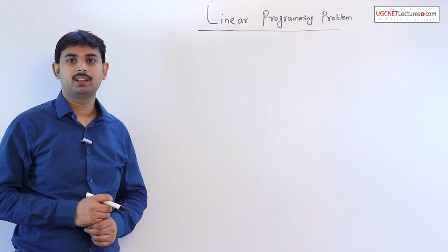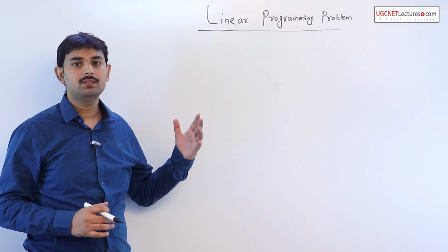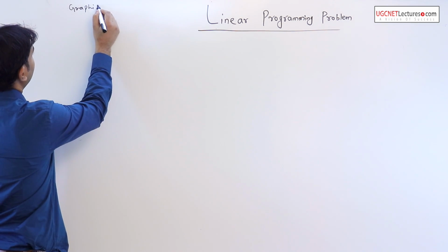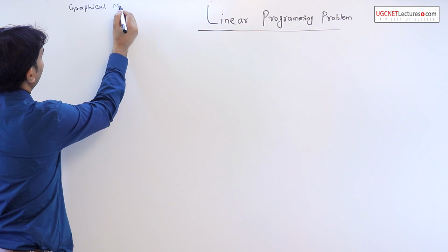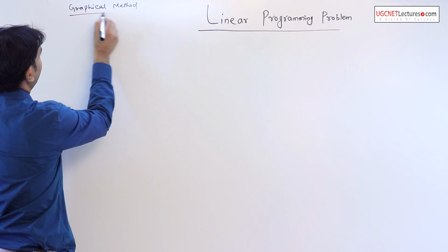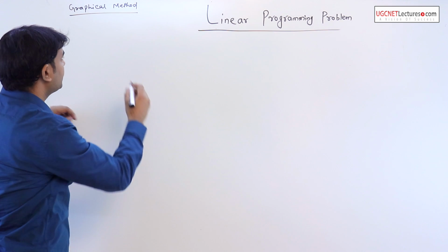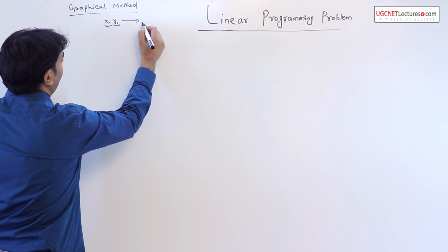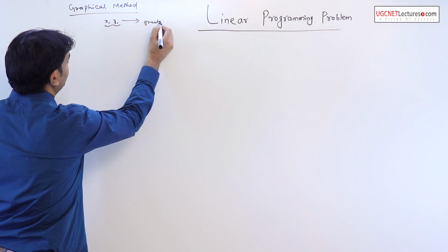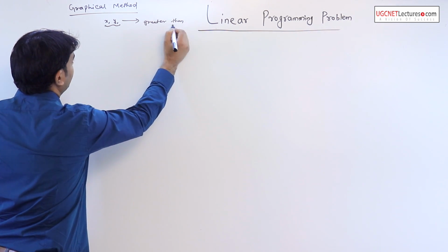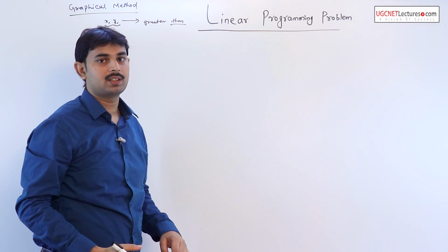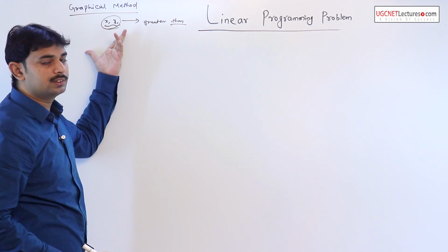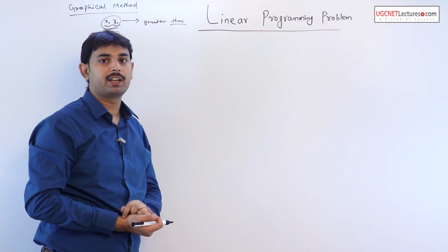Any linear programming problem involving two variables can be easily solved by the graphical method, as it deals with a two-dimensional graph. But if the decision variables x, y are greater than 2, and we solve by the graphical method, it becomes very complex.